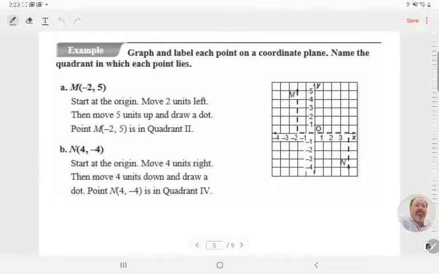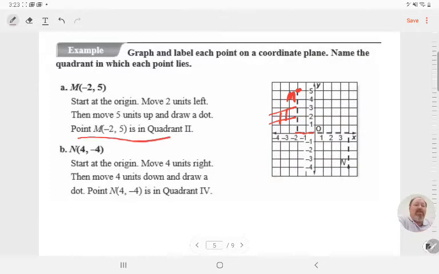All right, so let's take a look. It says graph and label each point on the coordinate plane. Name the quadrant in which each point lies. So if we have M at -2, 5, we would go over to -2, and then we would go up to 5. So we put it right here. We would name that M, and that would be in quadrant 2. Okay?